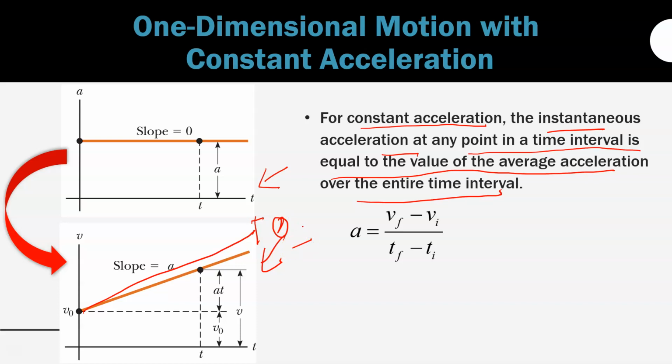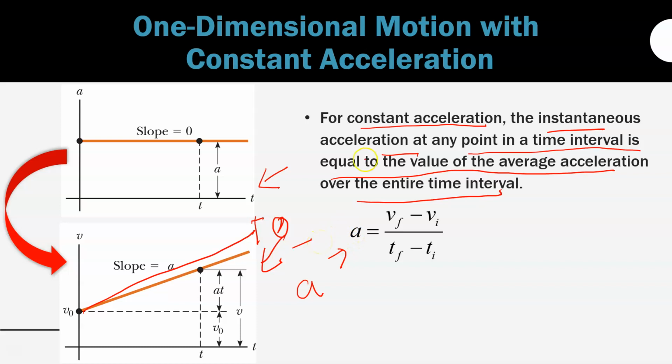Since the average acceleration equals the instantaneous acceleration when a is constant, we can eliminate the bar used to denote the average value from our defining equations over here. So we have these equations.